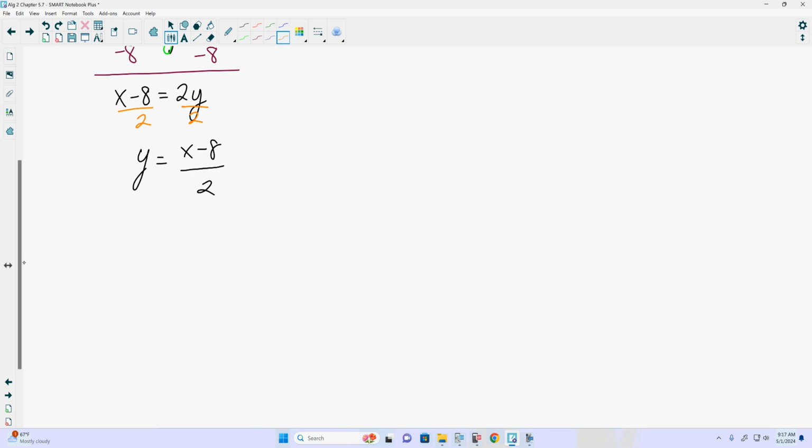And our last step is f inverse of x is equal to x minus 8 over 2. Questions on this here? We good with this so far? We're ready for the next one.